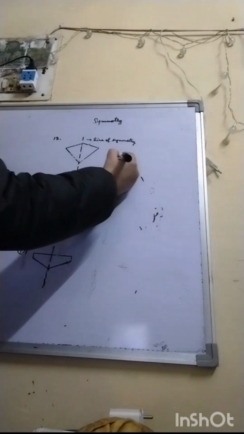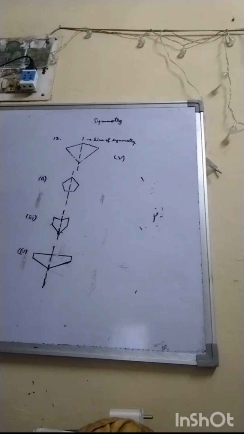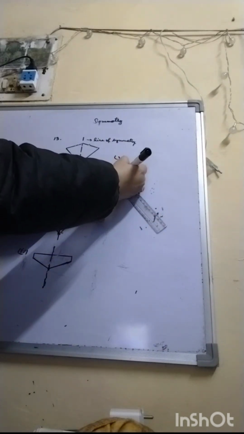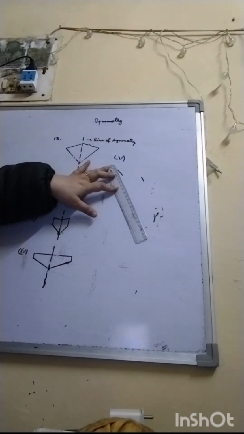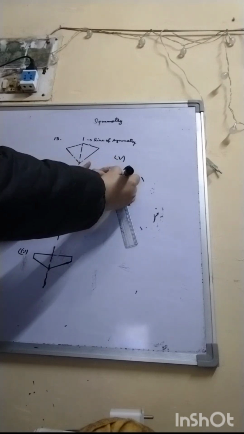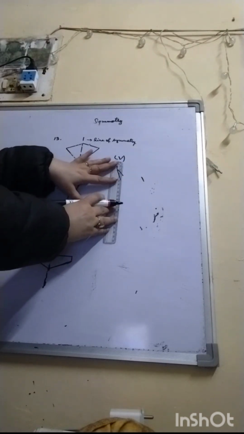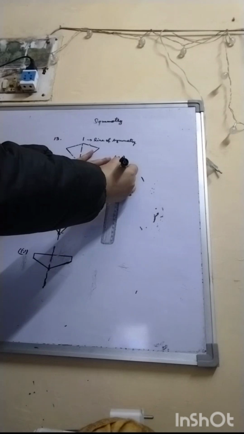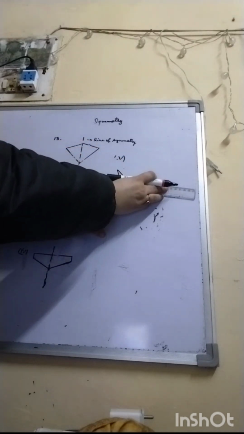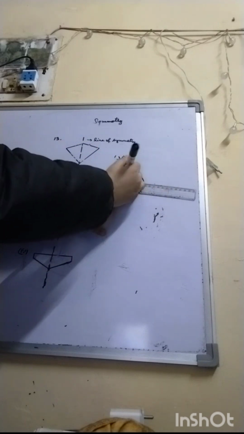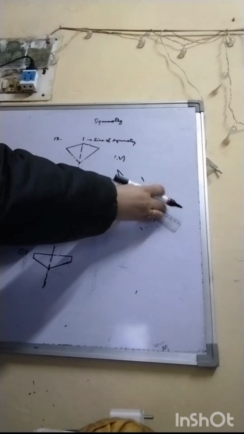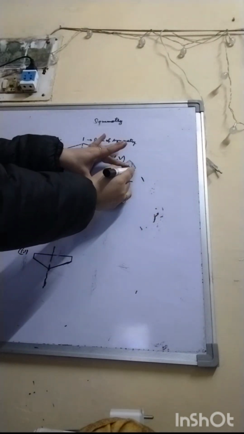Then the fifth one is 2 dots, so 2 centimeter here and 3 dots here, so 3 centimeter here. So how would you complete the line of symmetry? You would have 3 dots here. We make this the line of symmetry.